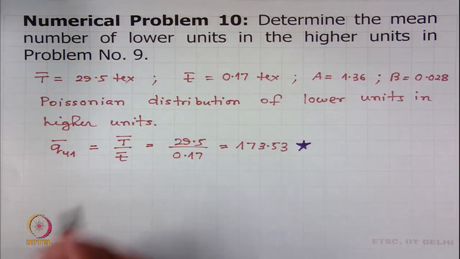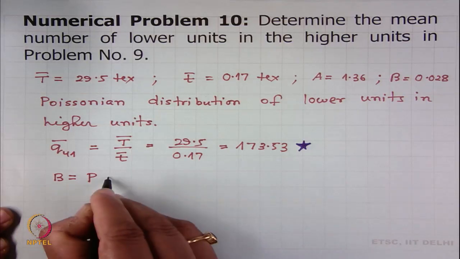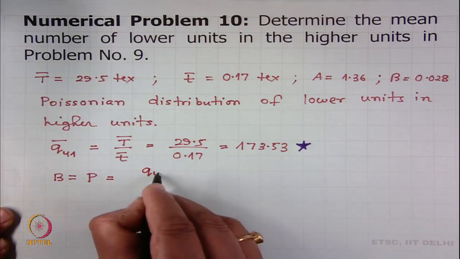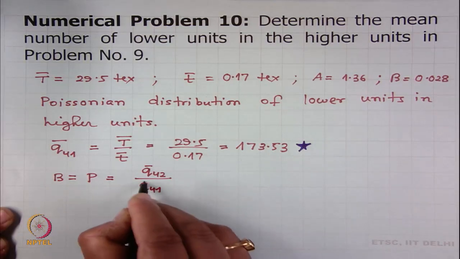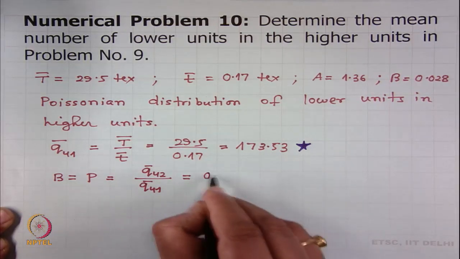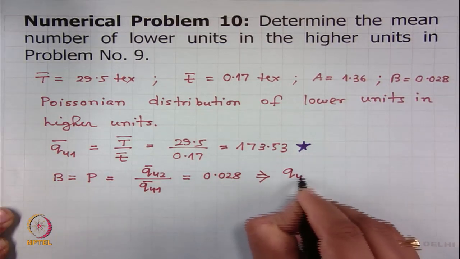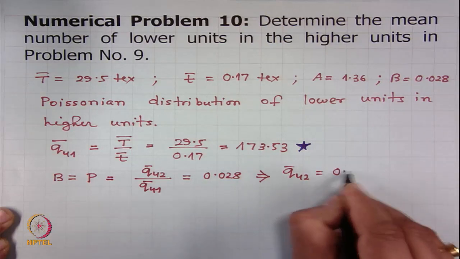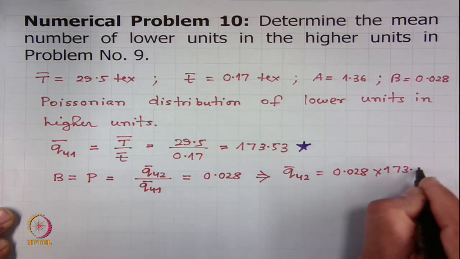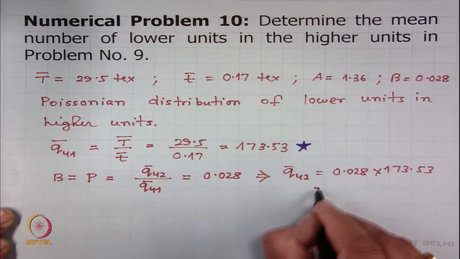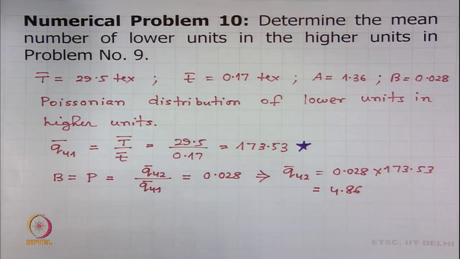Second, as it is Poisson distribution, then we remember this becomes equal to this. So, by q for 1 and this value is equal to 0.028. So, this leads to the value of 4228 into 173.53, which will be is equal to 4.86. We get the second reading.